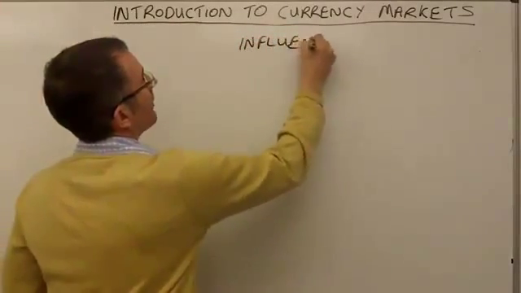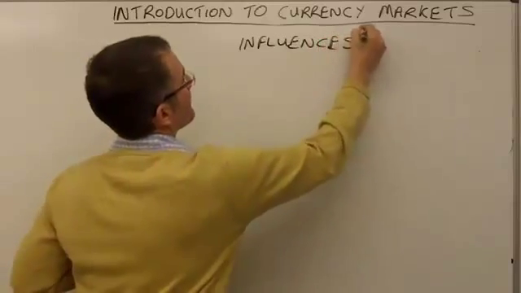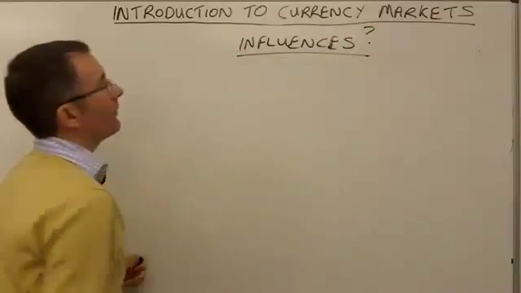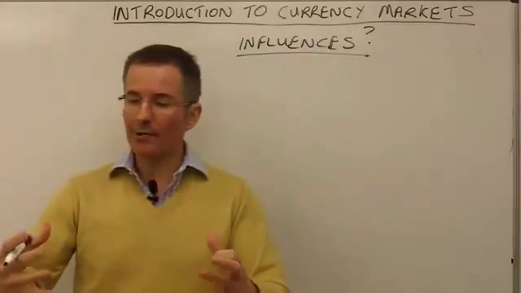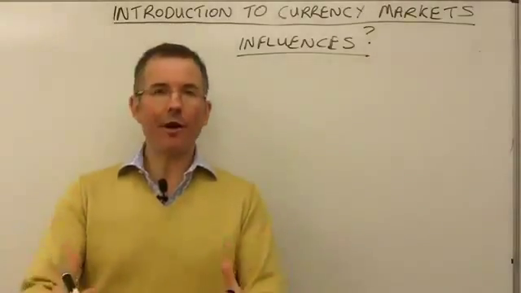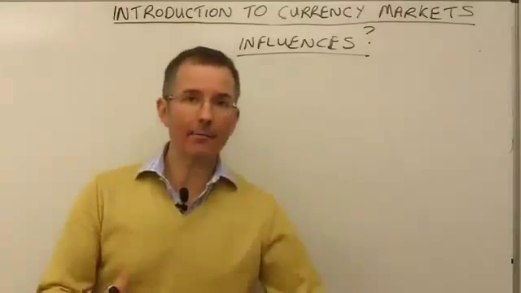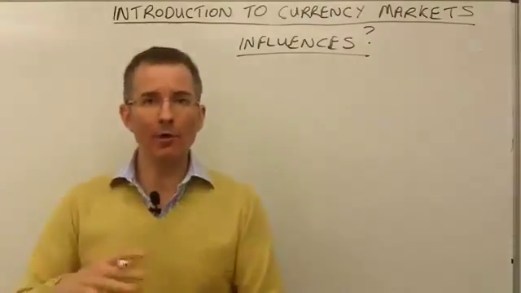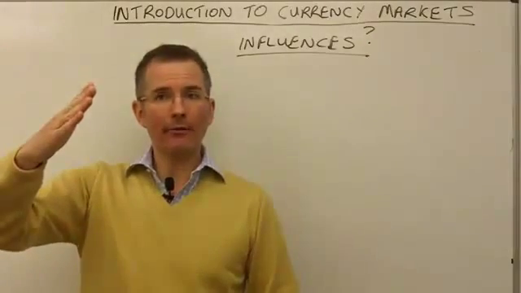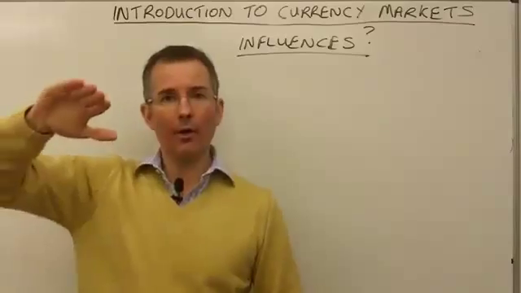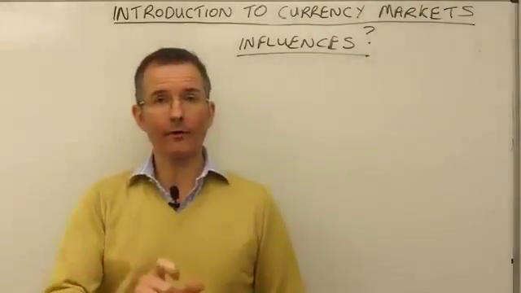And the answer is there are many factors. So what are the influences on a currency pair? So for example that last one, what's going to change that rate from say 155 something to either 190 something or 125? What's going to move that around? What's going to make sterling strengthen, rise, or the dollar weaken, fall, or vice versa?